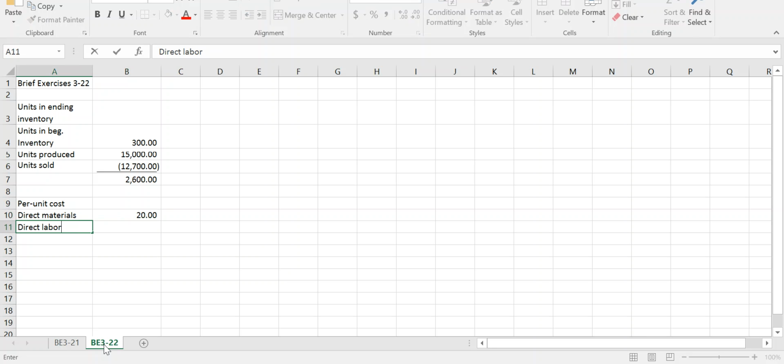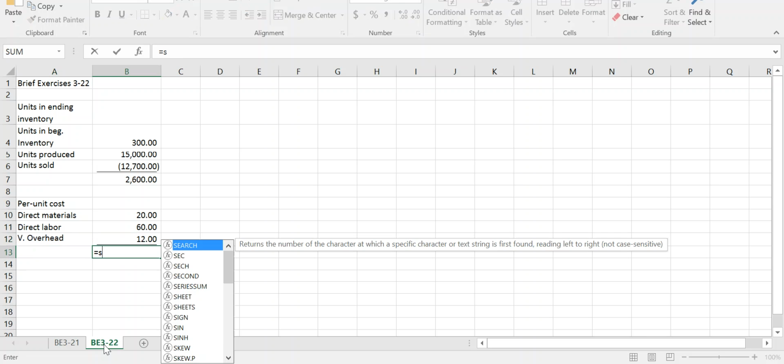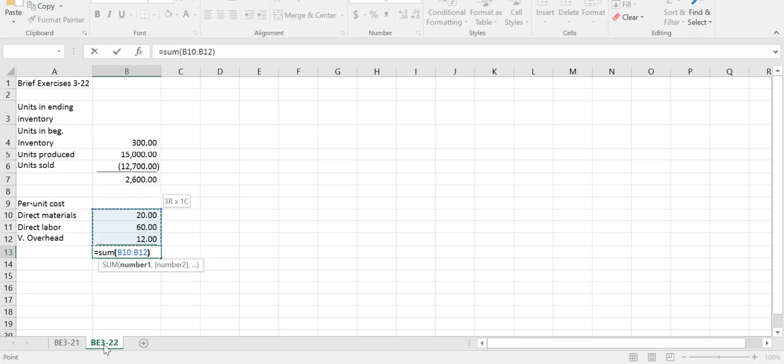Direct labor is also variable. The more units we have to produce, the more direct labor hours we're going to need. And any variable overhead is going to be included as well. So in this case, our per unit product cost under variable costing is $92.